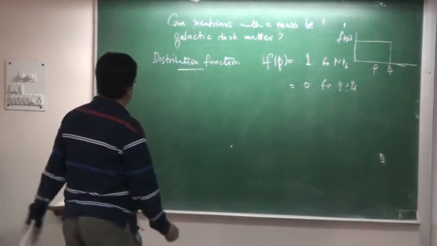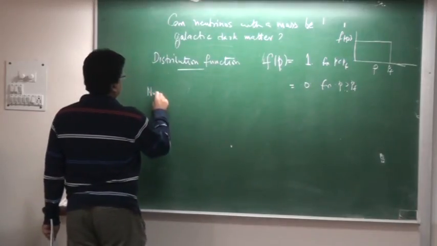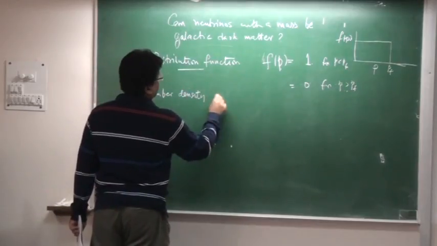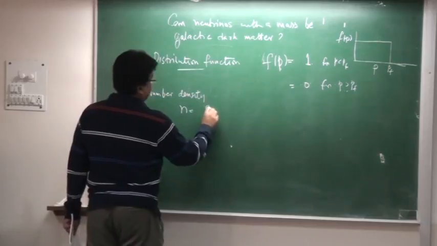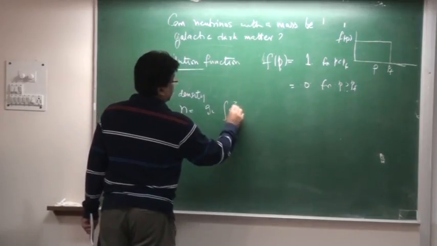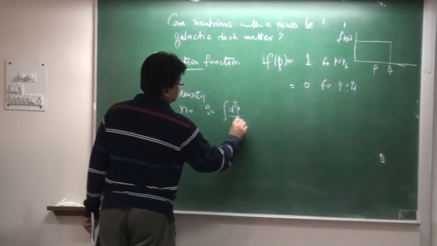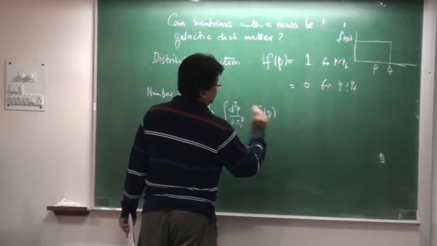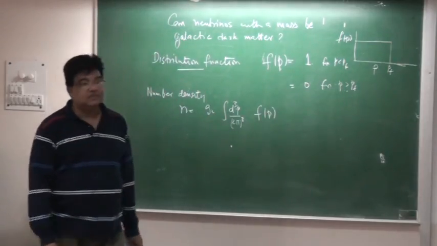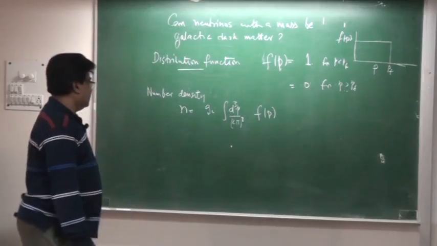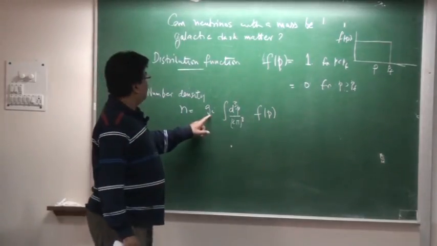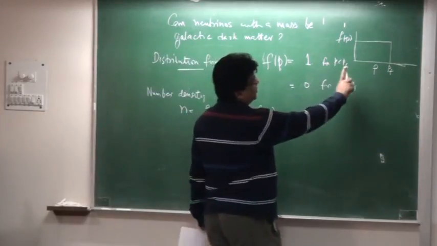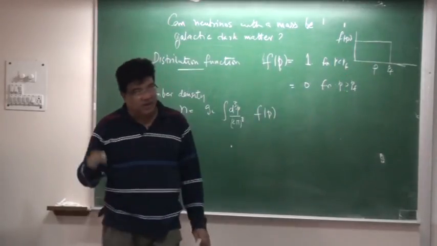Now the number distribution, number density is... Okay, and so this is the distribution for spin up, and there is an identical distribution for spin down.